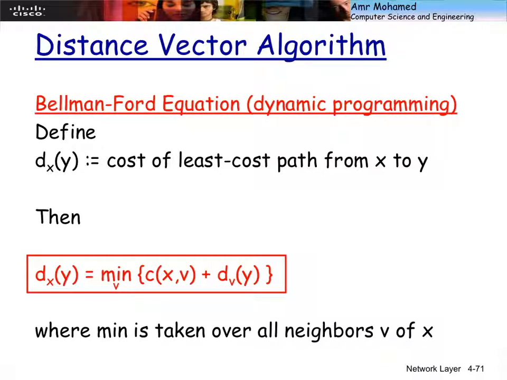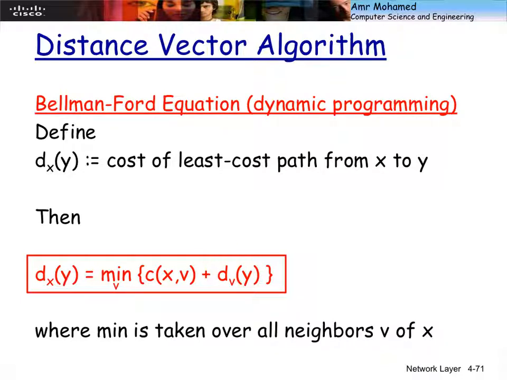If I need to calculate the distance between x and any other non-adjacent node, then I need to take one of the intermediate nodes that's adjacent to x and use it as a state to reach y, and then try to see, over all the possible combinations, which adjacent v will give me the minimum cost.